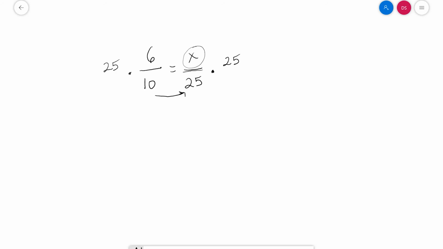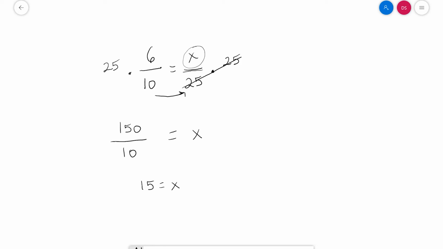Okay, that gives me x by itself on the right side. And 25 times 6 is 150 over 10. And I can do that division problem and find out that x is 15. All right? That's a second way to solve proportions.